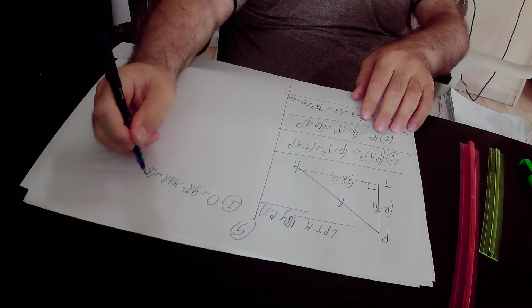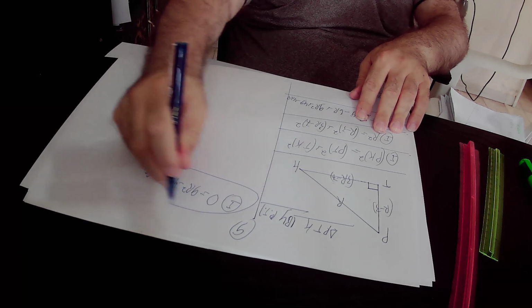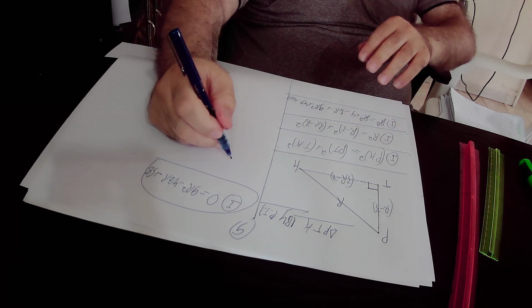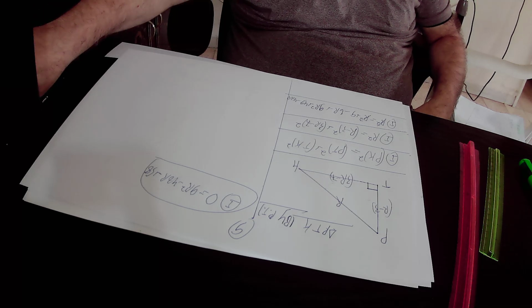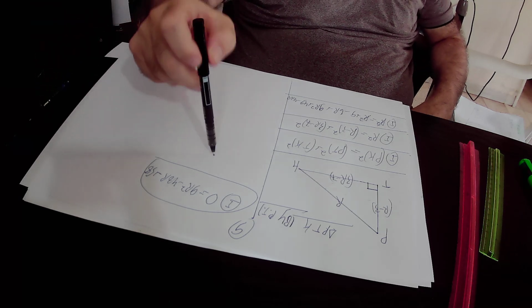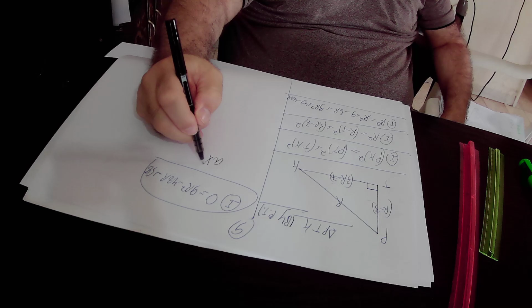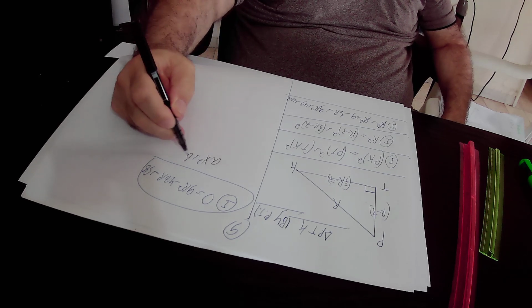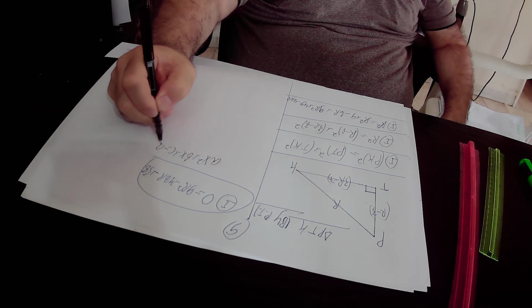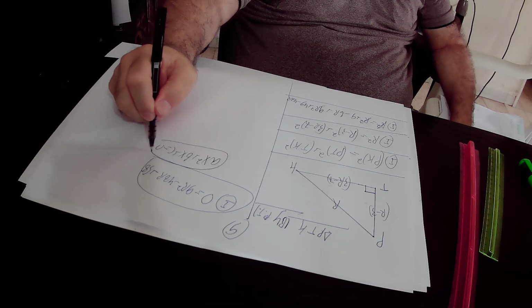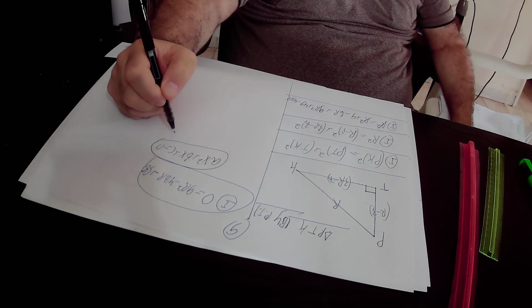So we have here a quadratic equation, and the general formula for a quadratic equation is ax squared plus bx plus c equals 0. Here a, b, and c are the coefficients of the quadratic equation, and x is the variable that we are looking for.